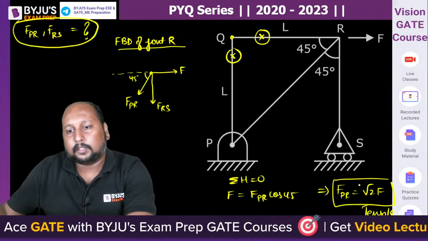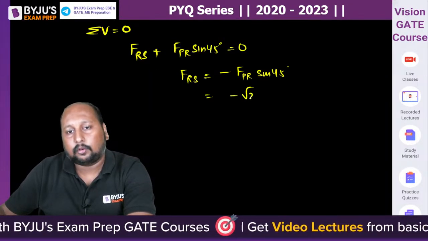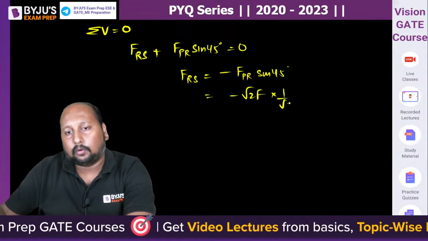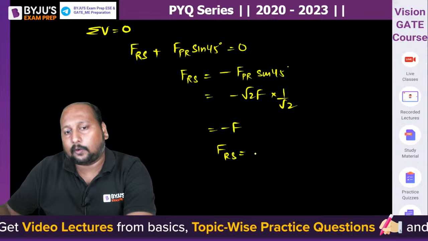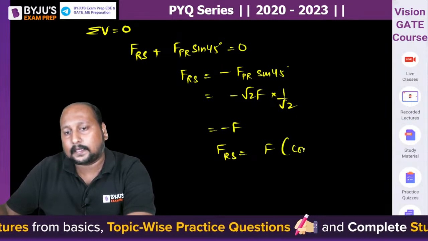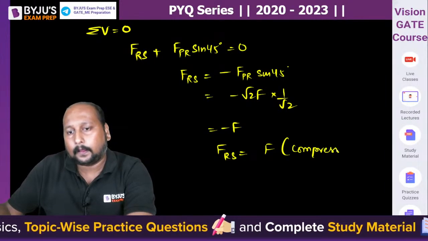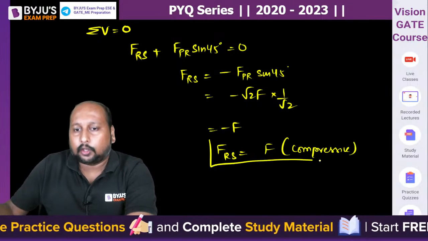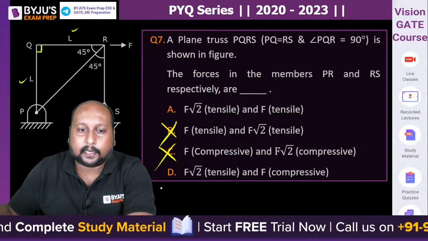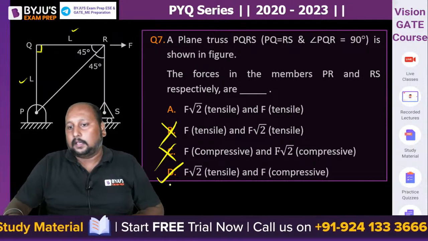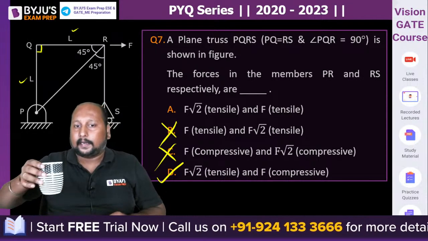FPR is root 2 F, so minus root 2 F into 1 upon root 2. So this is minus F. So FRS is equal to the force F, compressive in nature. I think we are getting option D as the correct answer. Option D is the correct answer.